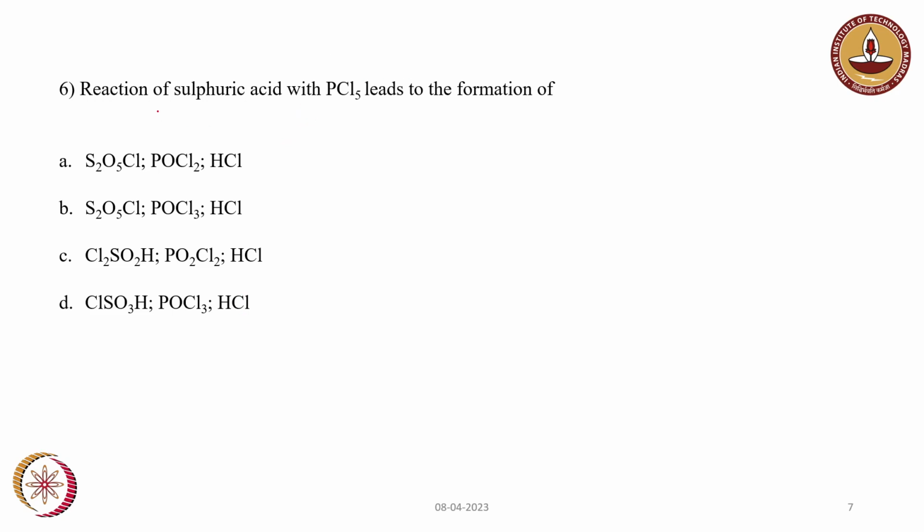So we are asked for the reaction of sulfuric acid with PCl5. So sulfuric acid is H2SO4 and reaction with PCl5. So for a reaction, H2SO4 is S double bond O, OH and OH.